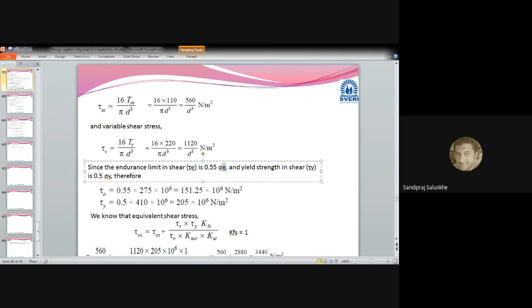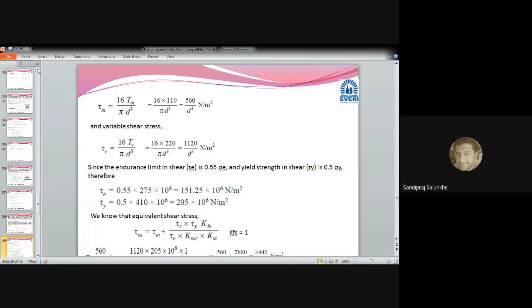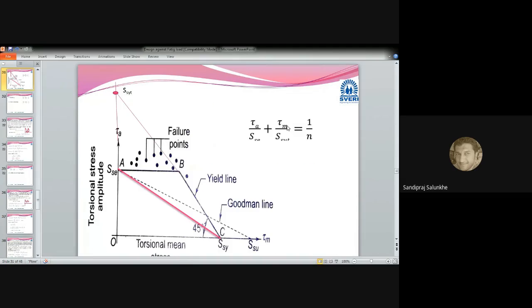So endurance shear stress is 0.55 of endurance principal stress. Now here you have to remember this by heart, because it has not been mentioned in the problem statement. But while we saw that diagram, at that time we discussed it. This diagram.